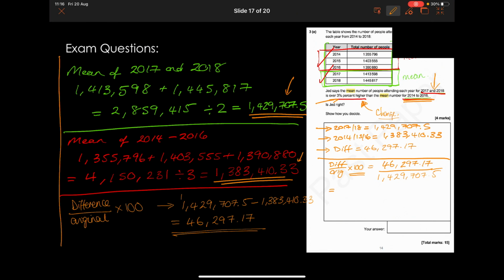If I times by 100 now, it gives me 3.2382267. So as a percentage, I could say that's 3.24, because I'm going to round that, percent to three significant figures, higher. Okay, so your answer will be yes, it's 3.24% higher, if you can fit it. You can put higher there as well, just to show it in the working out box.